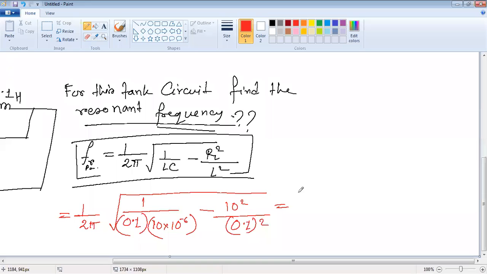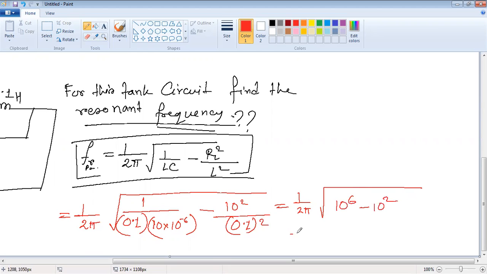So 1 by 2 pi, you can see ultimately this term will go to the upper side, and 0.1 into 10 will be just 1, and 1 to 1, this is 100 square, sorry, 100 divided by 0.1 square, so ultimately it will be 10 to the power 6 minus 10 to the power 2.